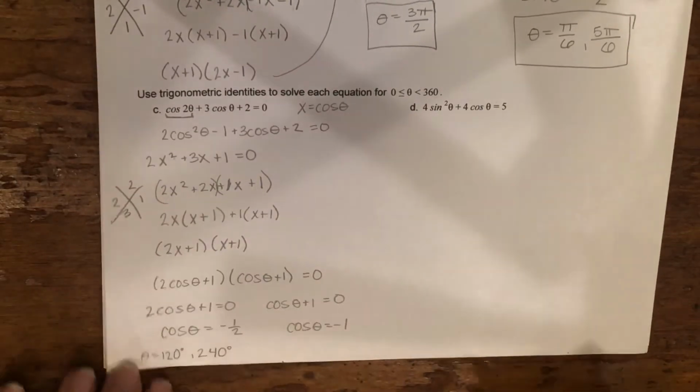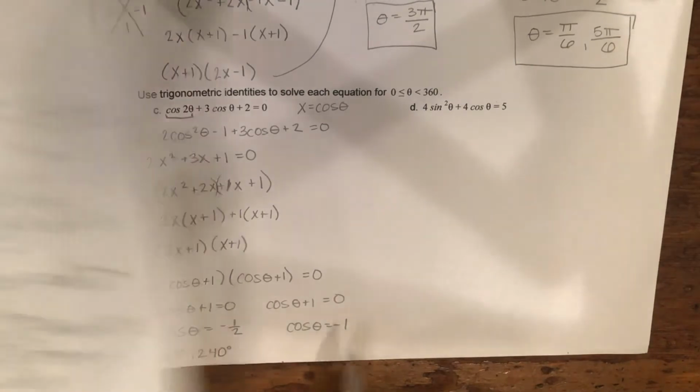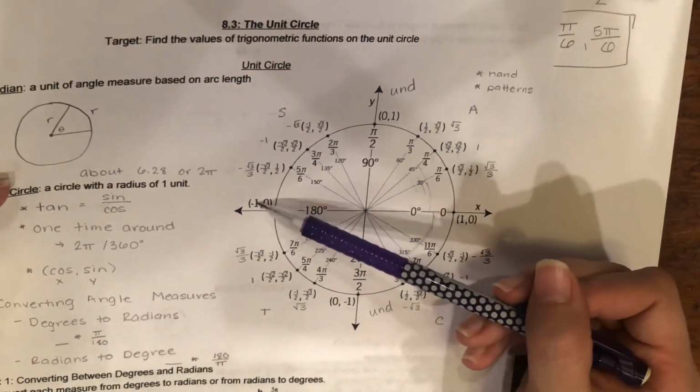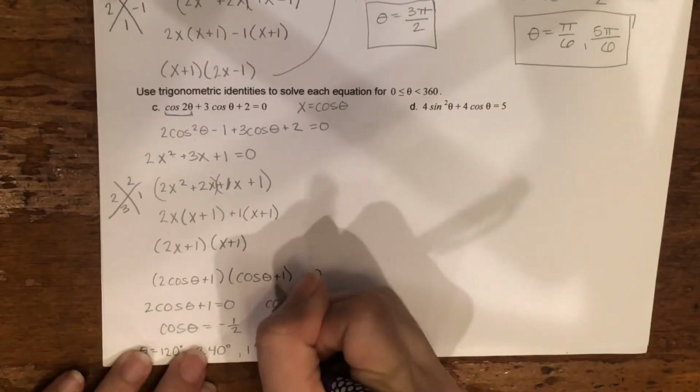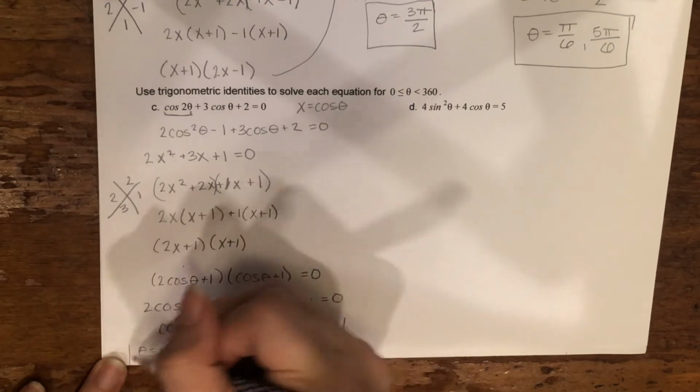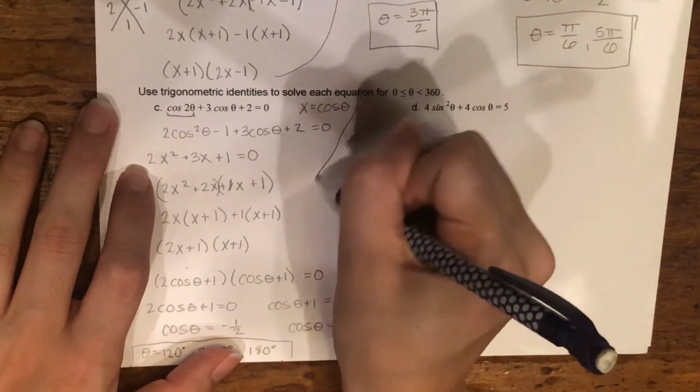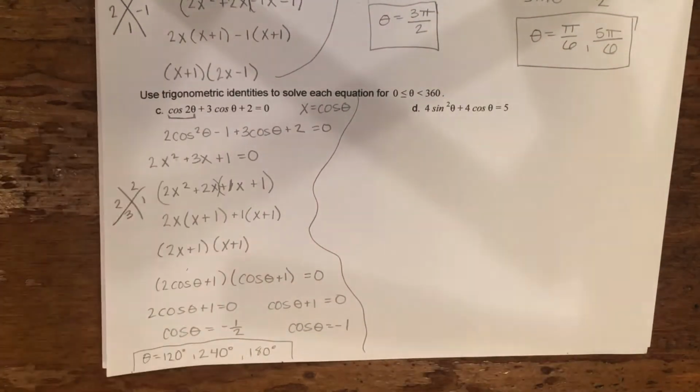Okay, so there's 2. And then cosine equaling -1, which is right here, which is at 180. So then it would be 180 degrees. So those are my answers for that one. Okay. You can try out D and then see what you get with that.